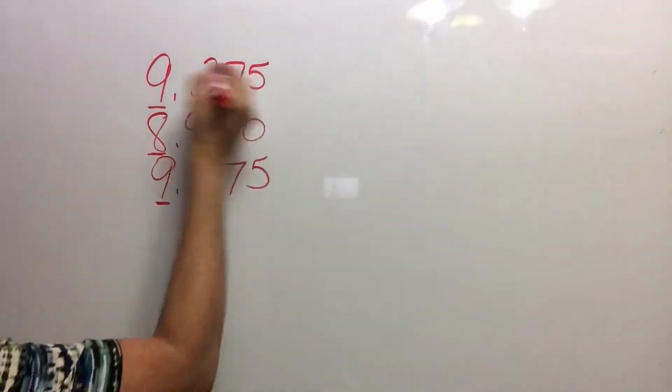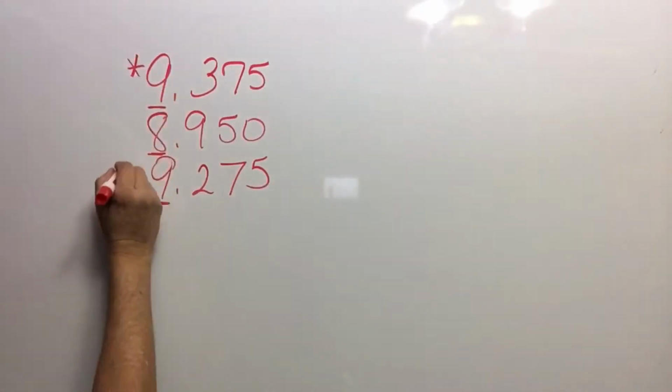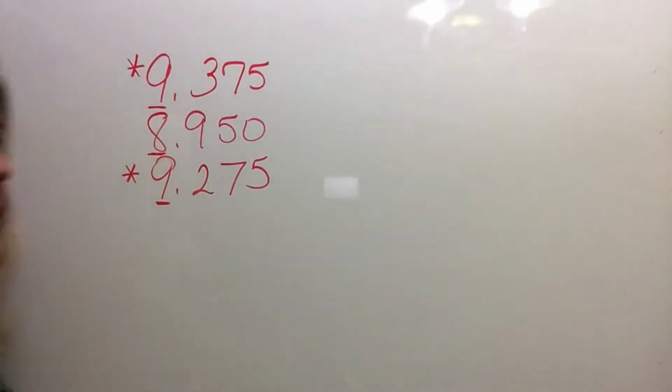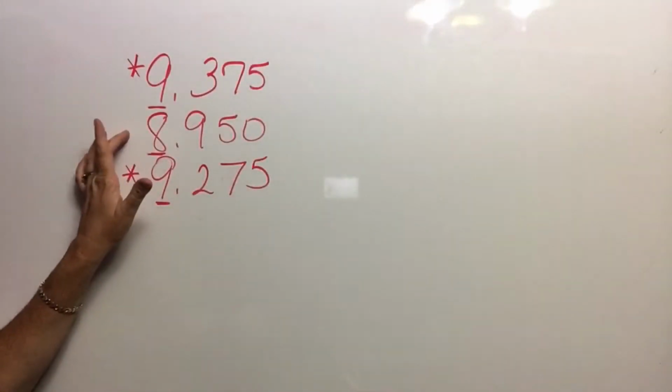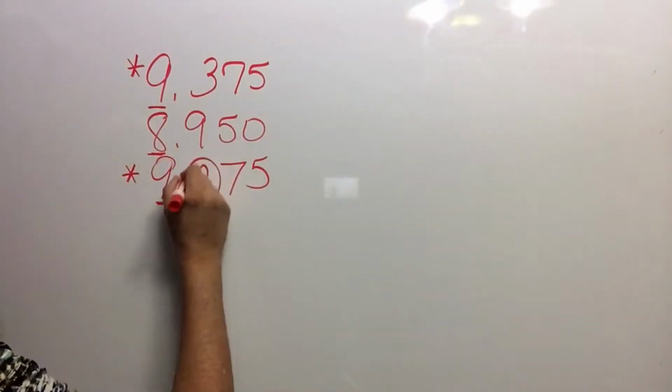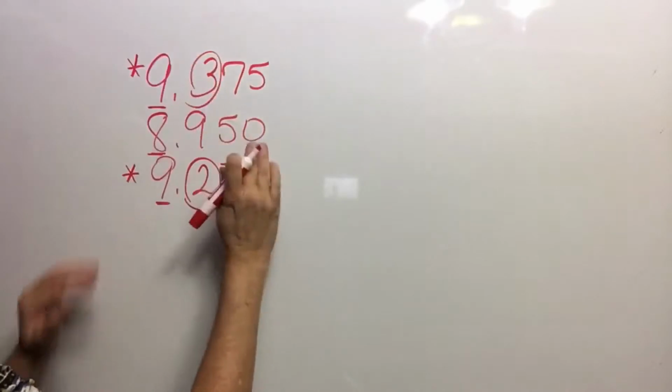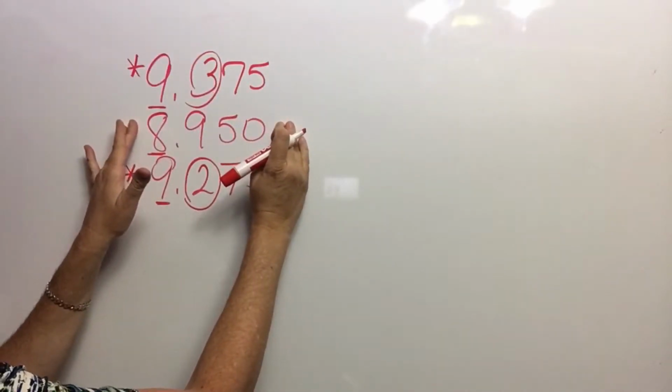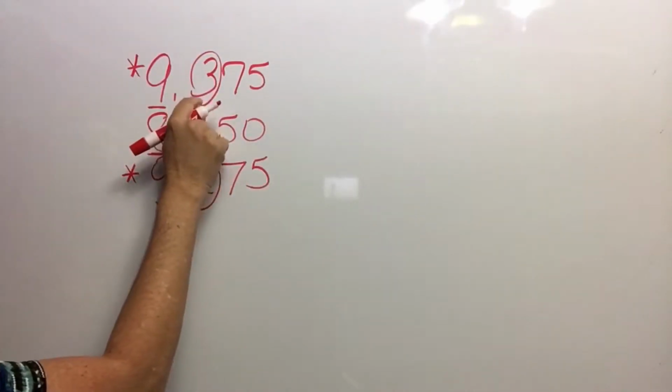So I need to compare the numbers that begin with 9 first, because I'm going from greatest to least, and I know that 9s are the same, and then my 8 is going to be smaller. So now I'm looking at the 2 and the 3. So I'm just ignoring this number for just a few minutes. And I can see that the 3 is larger.